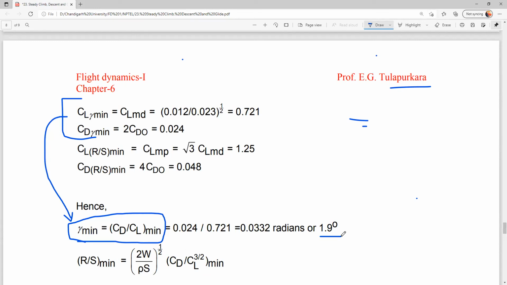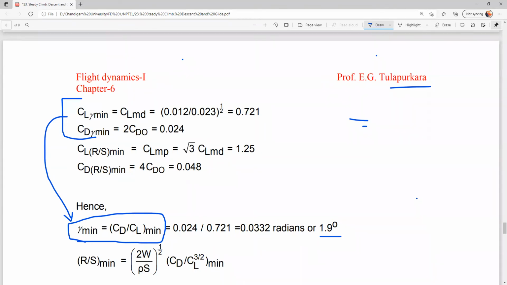So for the given glider, if we choose 1.9 degree angle of glide, and if we fly, we will get maximum range. Okay, maximum range. I'm speaking about glider, I'm not speaking about aircraft.